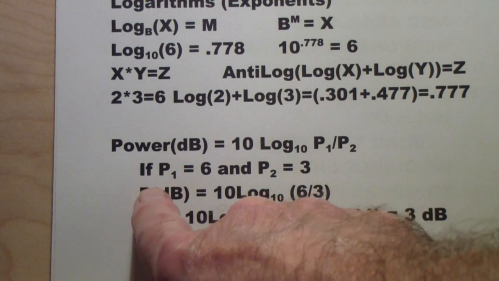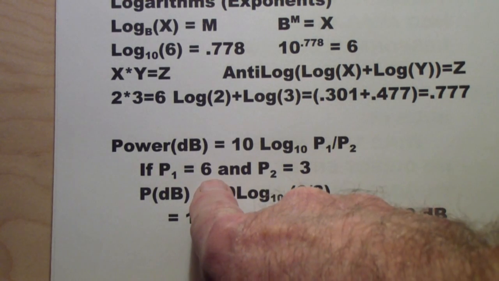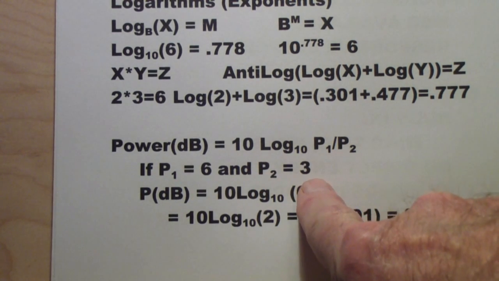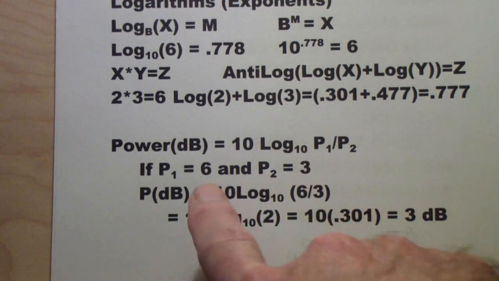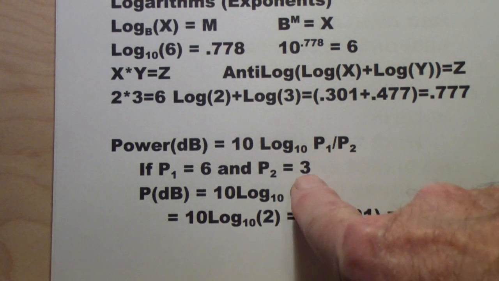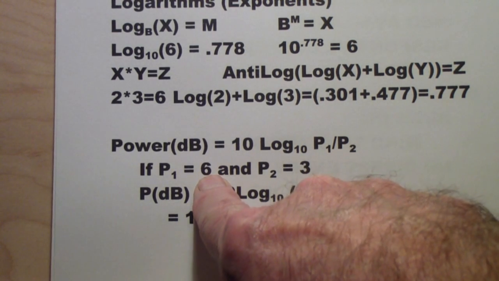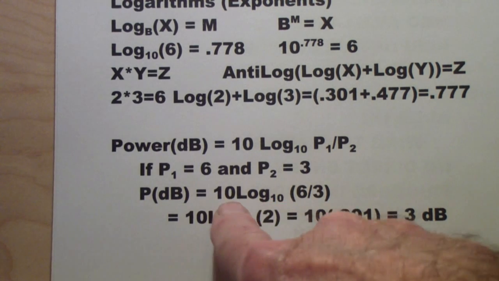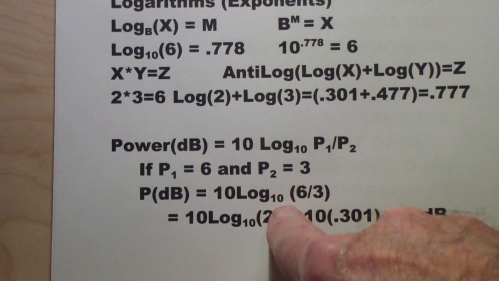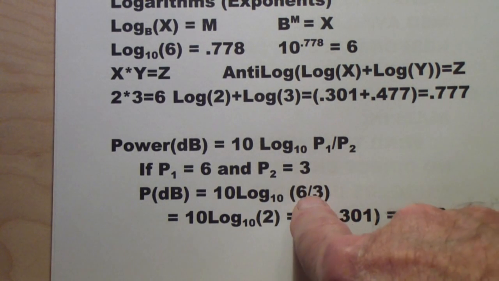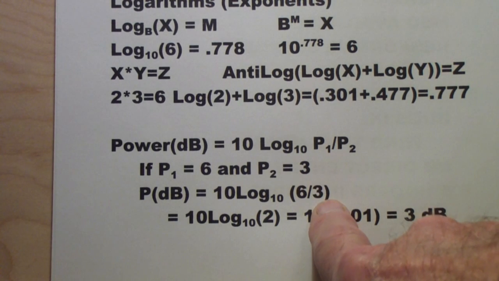Here's an example. If power 1 is 6 and power 2 is 3, in other words, the reference power is half of the measured power, then the power in dB is 10 times the log to the base 10 of 6 divided by 3.